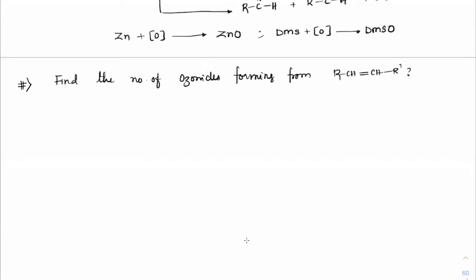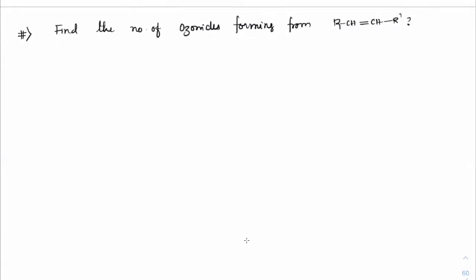So first, let me break the molozonoid into two forms. I'm directly writing the molozonoids, guys. R CH CH R dash. We had oxygen, oxygen, and another oxygen. This way it was linked. And as it broke, we could see what is the breaking that took place.